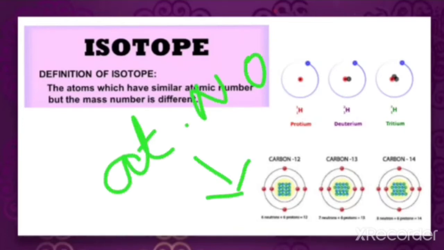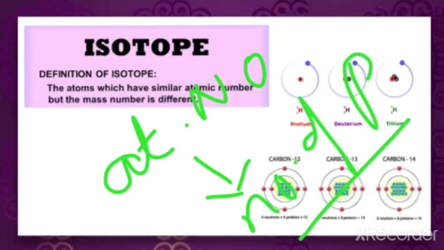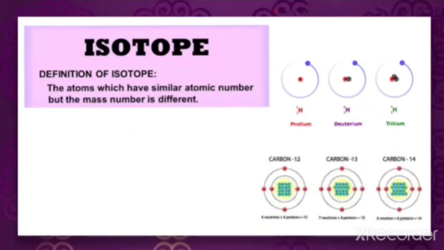So what differs here is the neutron. The number of neutrons differs in these atoms.